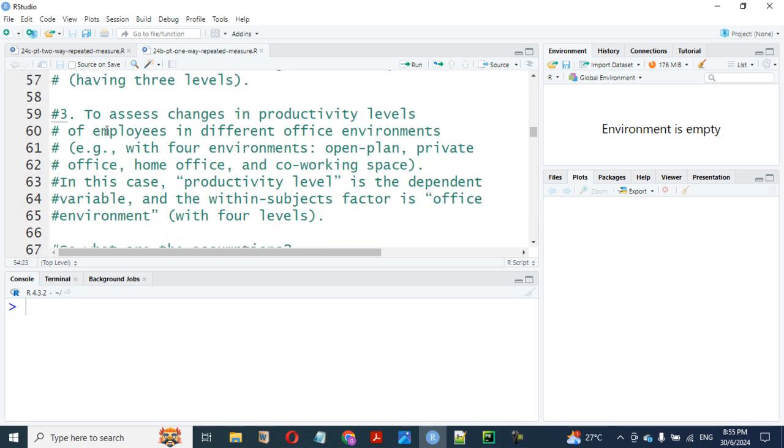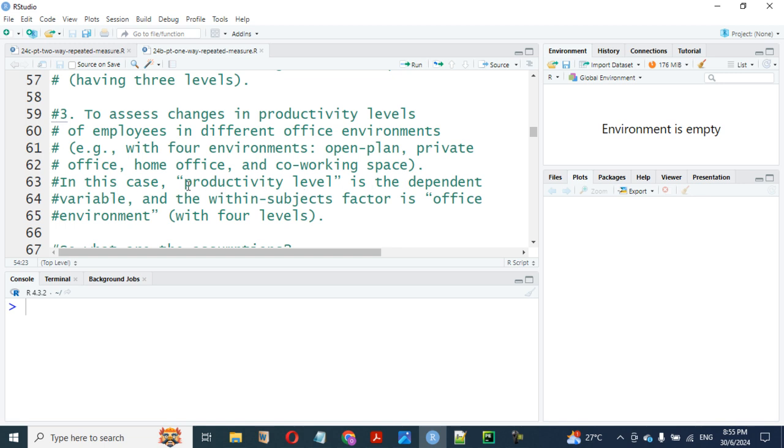Again, another example is to assess changes in productivity levels of employees in different office environments. For example, within 4 environments, we have open plan, private office, home office, and co-working space. So there are 4 levels now, or 4 groups. In this case, productivity level is the dependent variable.